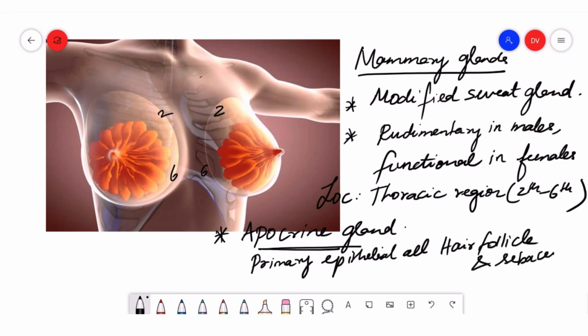So you have to know that the mammary gland is a type of modified sweat gland, an apocrine gland, because that is what is going to give you the manufacturing of colostrum. What is colostrum, guys? The first milk which is secreted after childbirth. That we call colostrum.